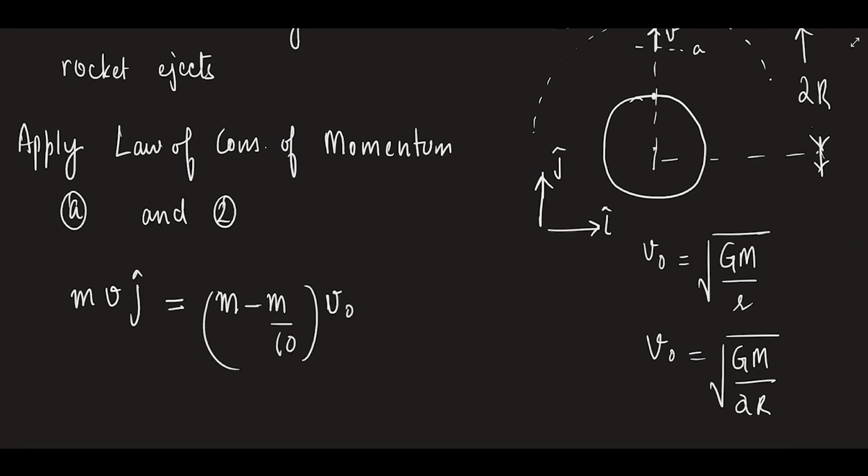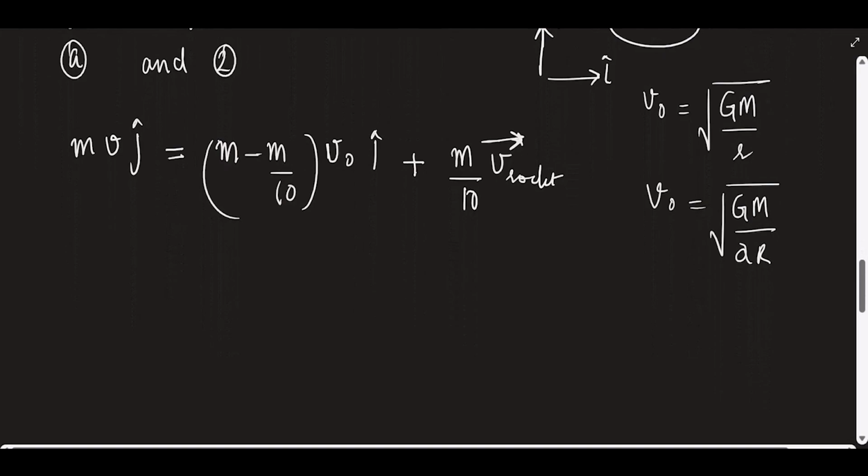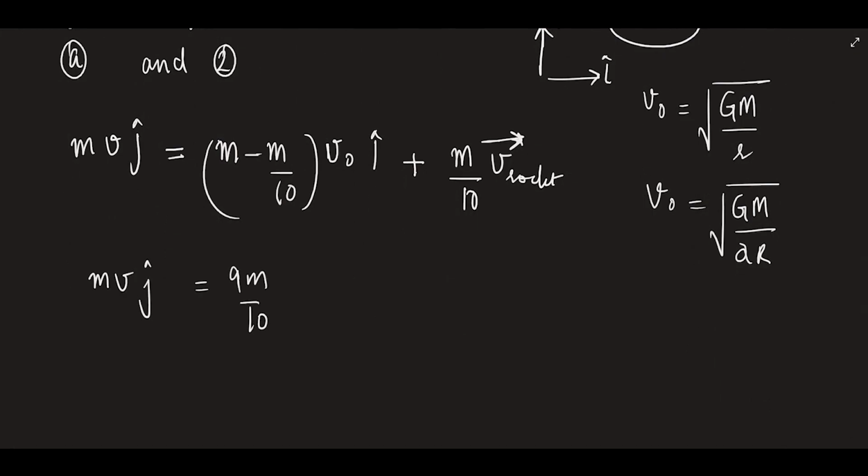So it will move with orbital velocity, and that too in the x-axis direction. And then my rocket, which has a mass of m by 10, will move with the velocity v rocket, and we don't know the direction, so I'm supposing this as a vector. Got it? So from here, mv j cap is 9m by 10 v0 i cap plus m by 10 v rocket vector. Small m is the mass of the satellite.